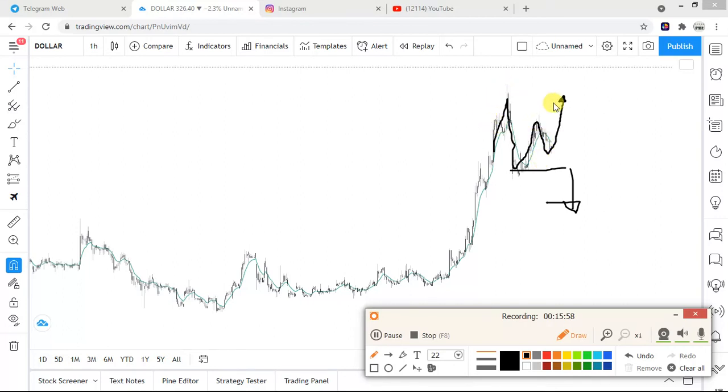Only if the market reaches here, people are sometimes blind in the market. So if the market reaches here, people start seeing that it is a double top here, my friend. You will be killed here.